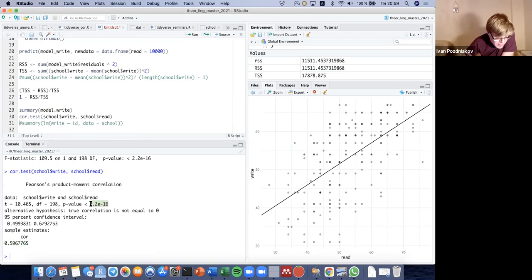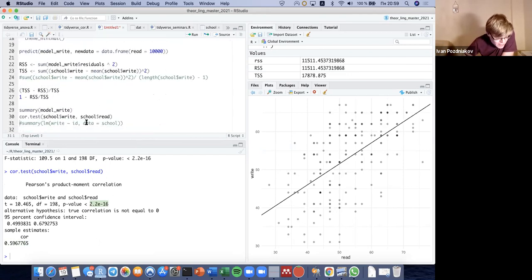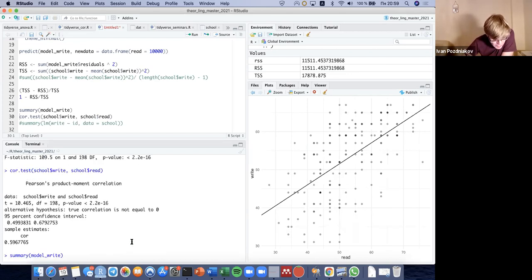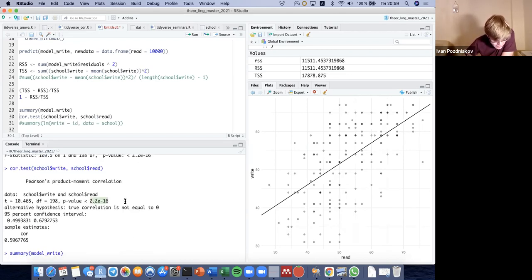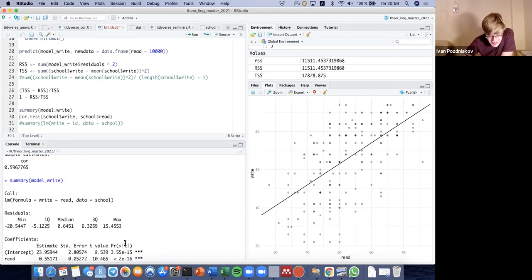We have a p-value, and believe me, it will be the same on other data sets too, it is exactly the same p-value that we have here for simple linear regression. So they're not just similar methods. Mathematically, they are the same things. It's just different ways to see them, right?